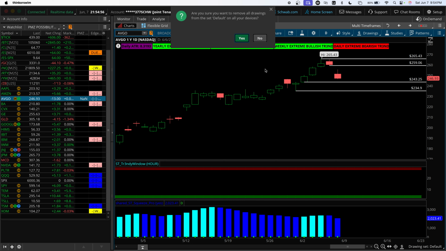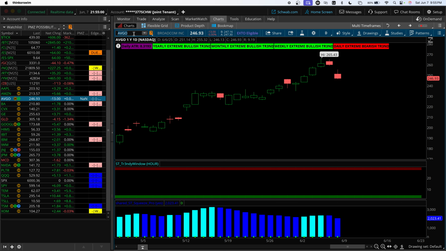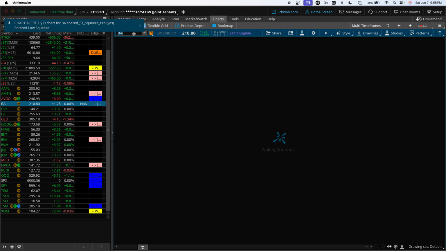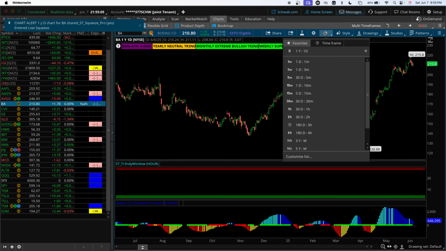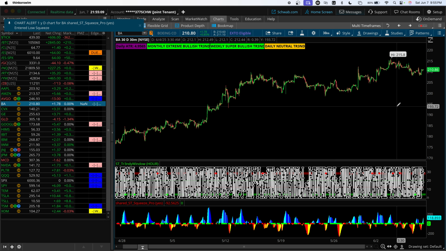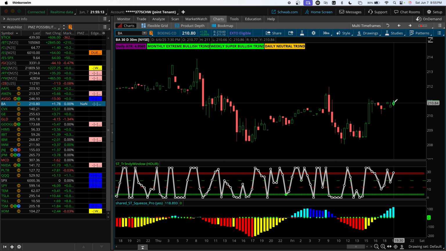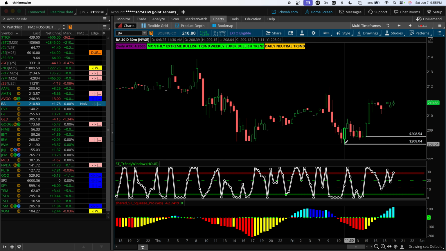Let me go real quick to a Boeing chart and show you on a 30-minute chart. I'm just picking a number here, a 30-minute chart. We can look at where price is currently trading and find our buy zone and our sell zone, or our demand zone and our supply zone.